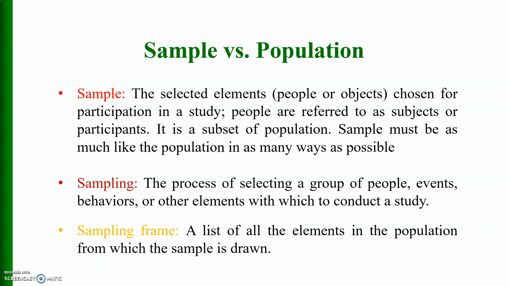So far as a sample is concerned, it must be as much like the population in as many ways as possible so that it could be representative. So a sample needs to be representative.